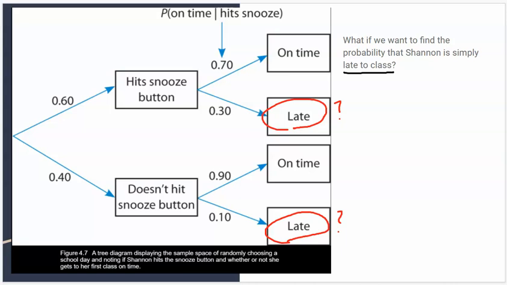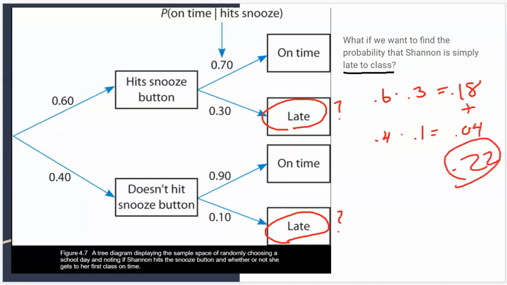But 0.6 times 0.3, that is 0.18. And on the other hand, we have 0.4 times 0.1, that is 0.04. And if you add these two things together, you'll get 0.22 as the final chance that Shannon is just late to class no matter what.